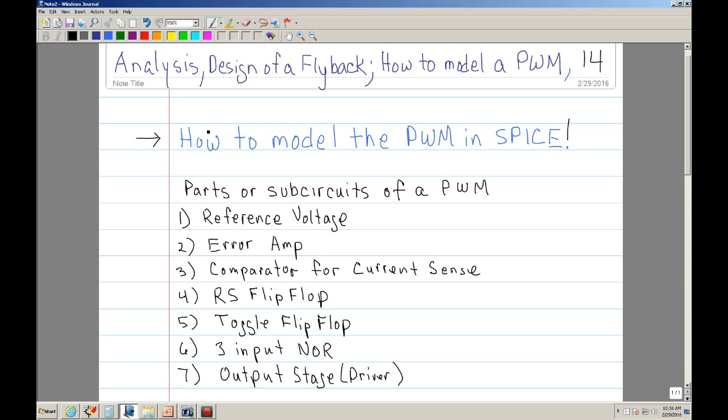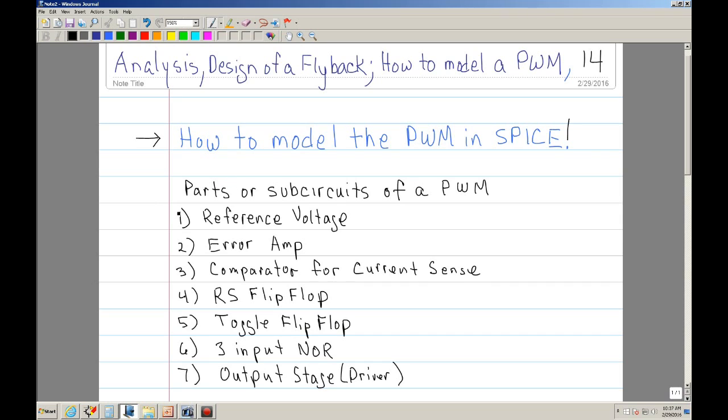Okay, so as the title says, I'm going to try and model from scratch, or at least from basic SPICE elements, the PWM. And I've listed the subcircuits of the PWM. Keep in mind that some of the PWMs can be very sophisticated.